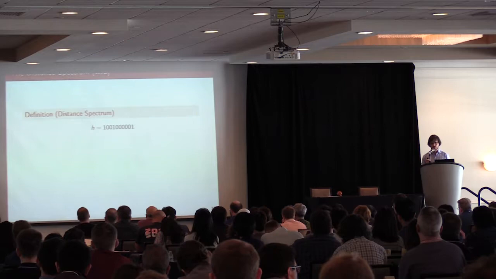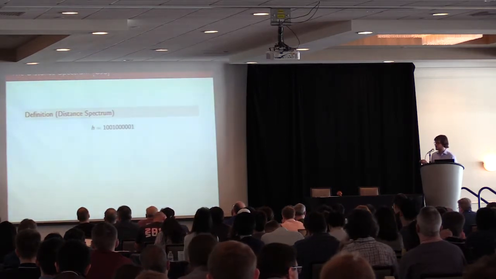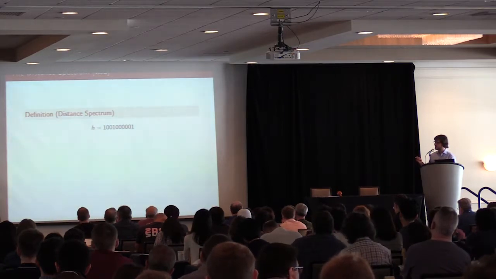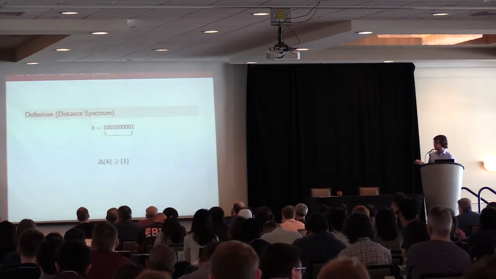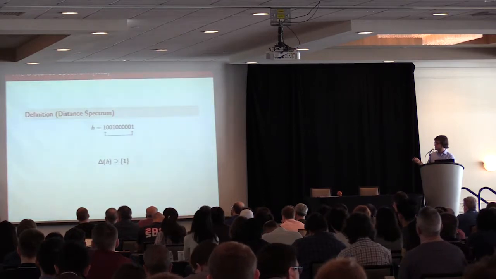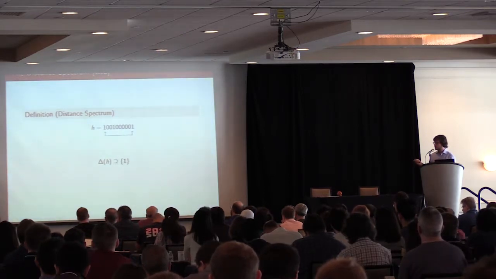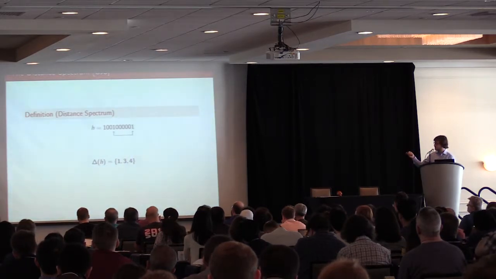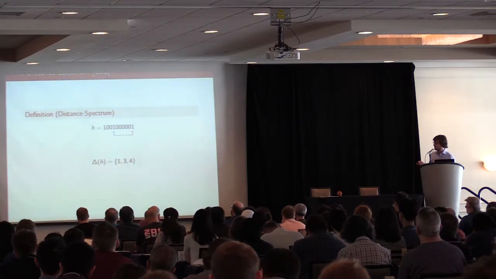So they define the notion of distance spectrum. Let me show you on this example: it's the distances between two 1 bits in a vector. Here, for instance, those two bits are at distance 1, in fact, because they are counted cyclically. Those two are at distance 3, and for those two, there are 5 zeros in the middle, but if you count cyclically, it's at distance 4.